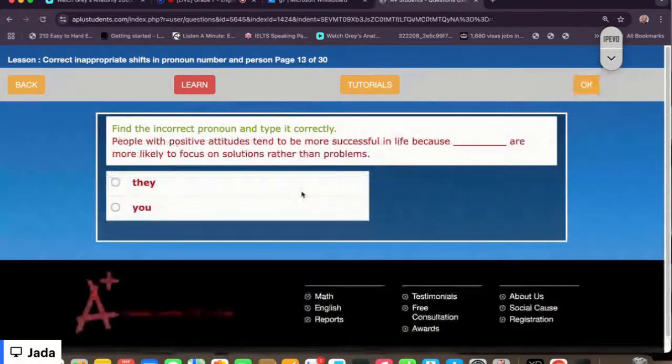All right, people with positive attitudes tend to be more successful in life because dash are more likely to focus on solutions rather than problems. So they or you, what do you think?